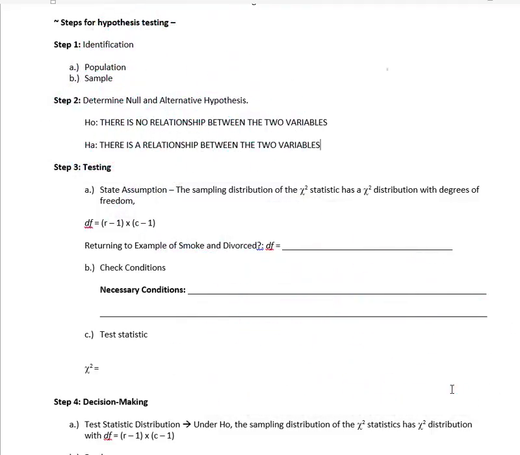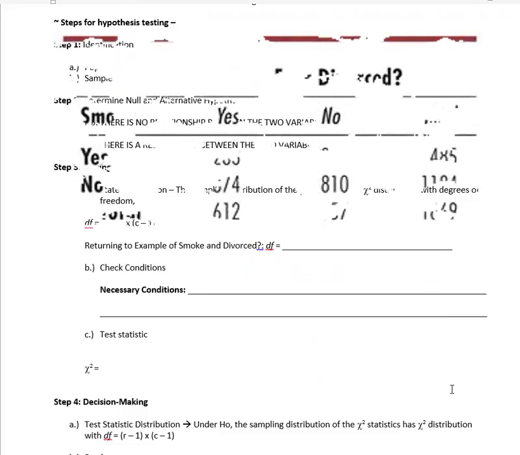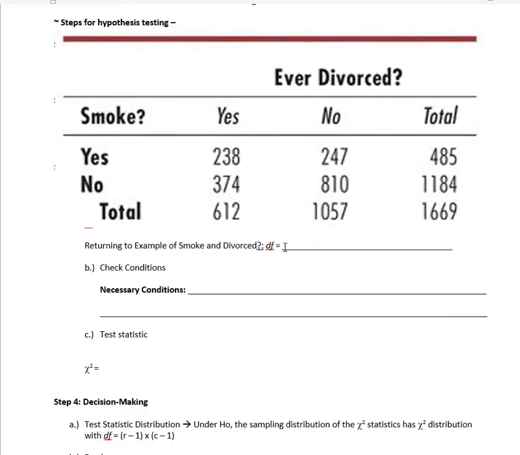So if we think back to our example of the smoking and divorce contingency table, there were two options for smoking. So that means that our rows, we had 2 rows. So first we would have 2 minus 1. And then we had 2 options for divorce, yes and no. So that would be 2 columns.